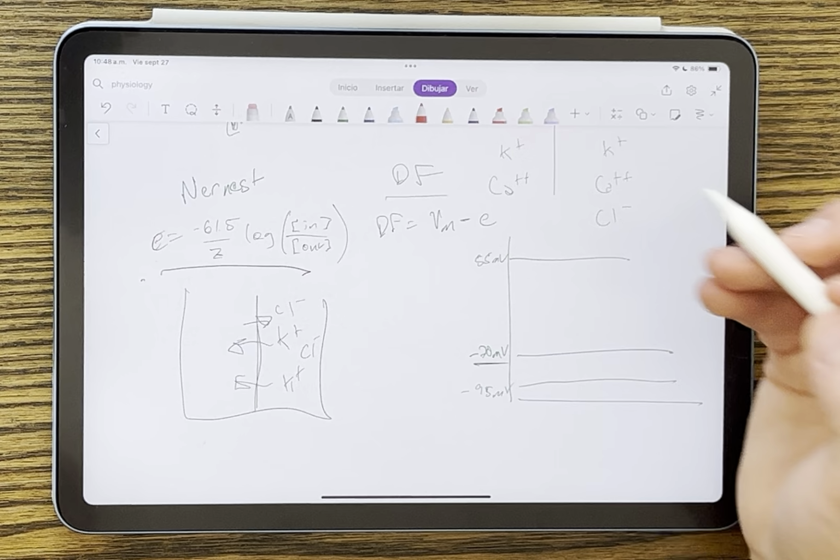So potassium is our biggest contributor to the resting membrane potential, and it's our greatest factor. Some things are going to contribute to the resting membrane potential's magnitude, or its size, right? So let's just pretend this is a neuron, right? It's going to be at negative 70 millivolts. Here's our resting membrane potential. Some cells are higher or lower.